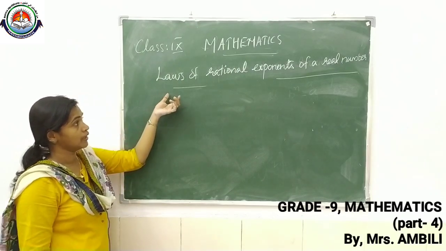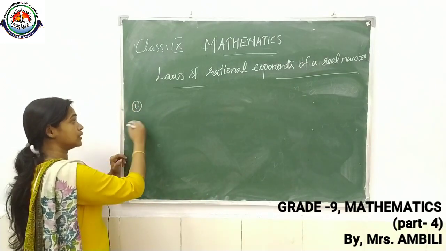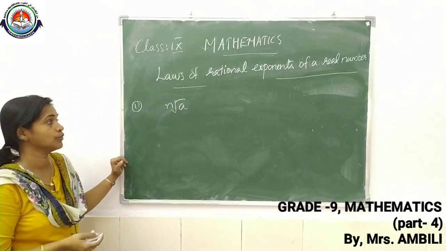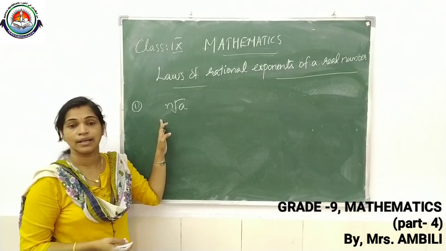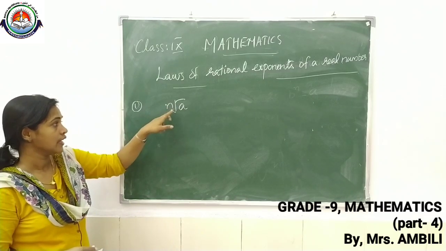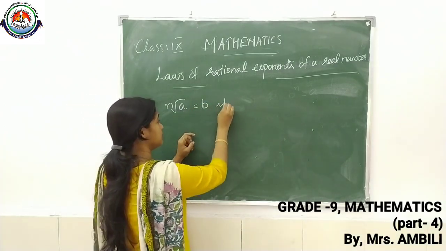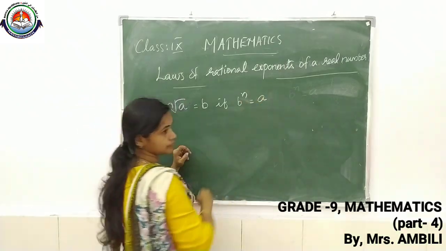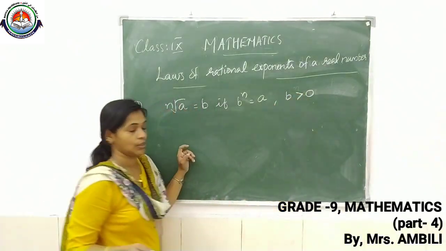So, in the topic laws of rational exponents of a real number, first we can discuss the nth root of a. In the last class we discussed the nth root of a. Let a greater than 0 be a real number and n is a positive integer, then nth root of a equal to b if b raised to n equal to a, where b greater than 0.